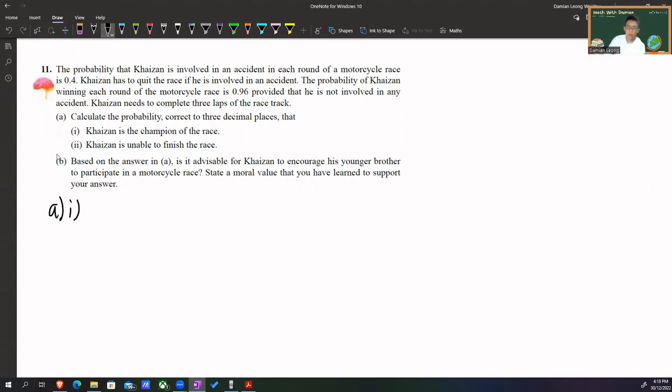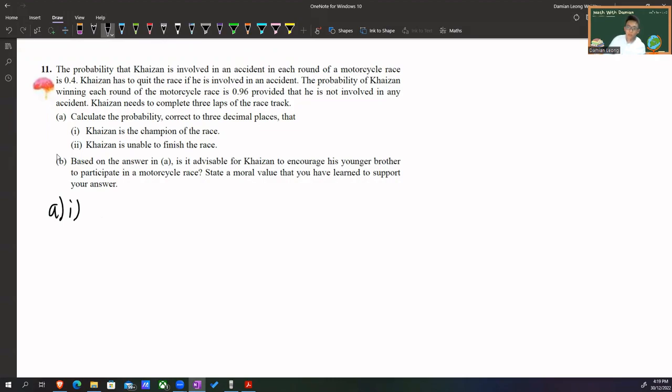So probability that he wins each round will be when he's not involved in an accident, and then he wins.